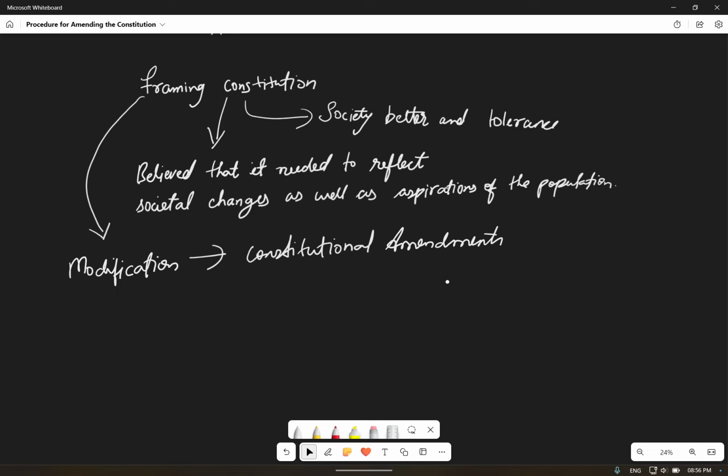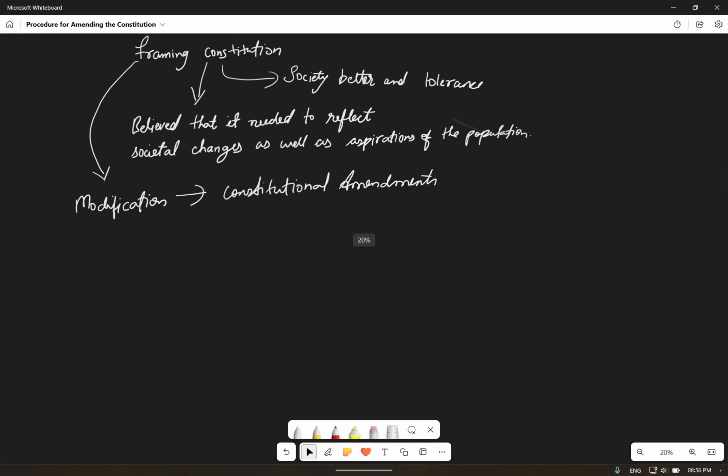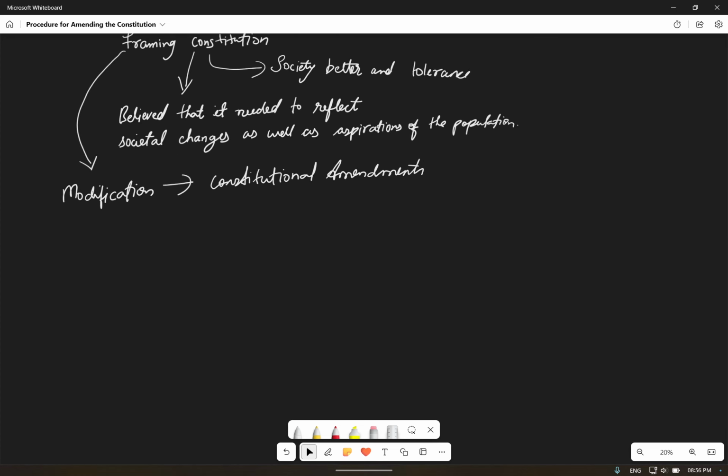So who has the power to amend the constitution? From where can the constitution amendment be done, and which article gives the provision to amend the constitution?